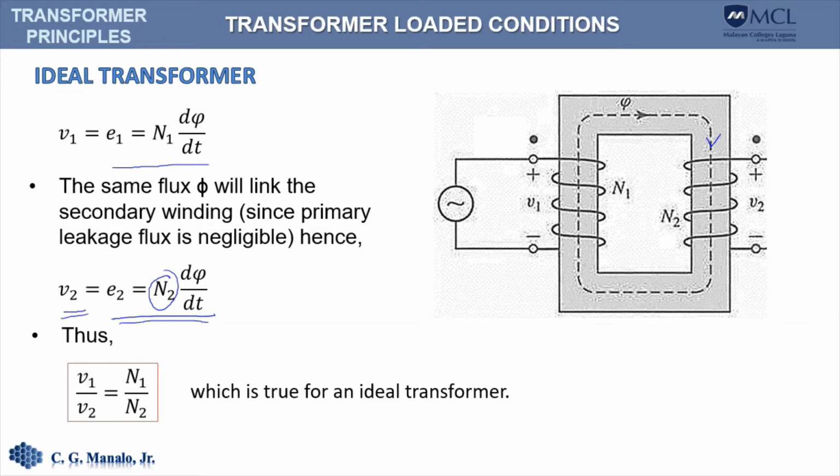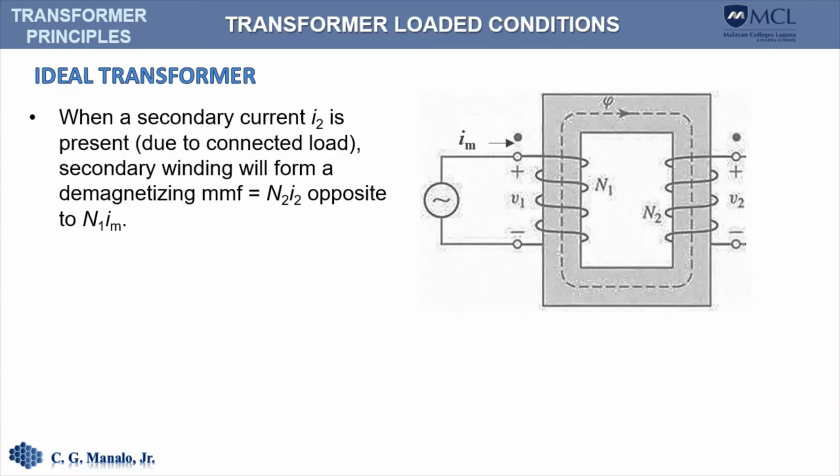If we divide this equation by this equation, that will give us this, which is really the relationship for an ideal transformer when it comes to the ratio of the voltages at the primary and secondary windings, which is equal to the turns ratio.